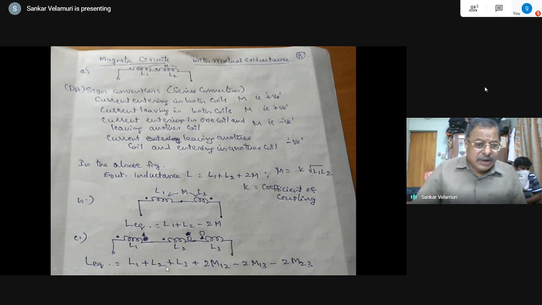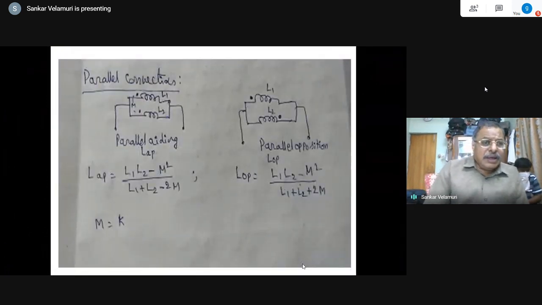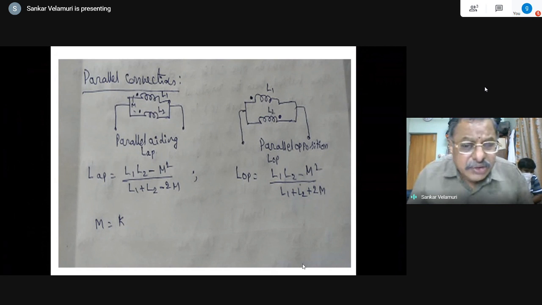So the equivalent inductance is not the arithmetic sum here; it is L1 plus L2 plus L3 plus 2M12 minus 2M13 minus 2M23. Now similarly, in the parallel connection, this is called parallel aiding and parallel opposition.